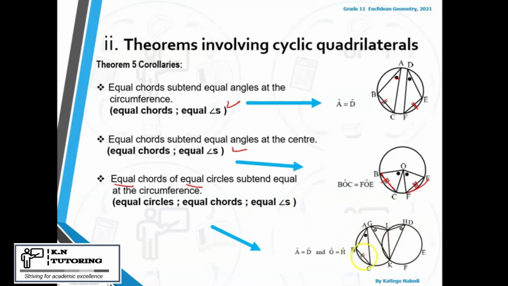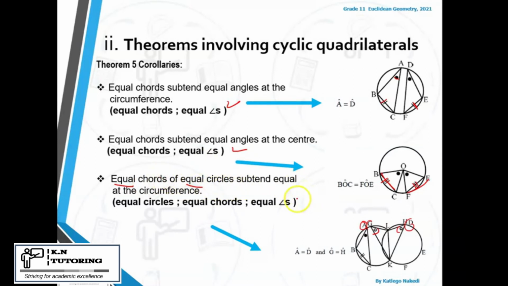And if you check this, we've got the circle there, and they say angle A is equal to angle D, and angle G is equal to angle H. Why? Because these are equal chords of equal circles.